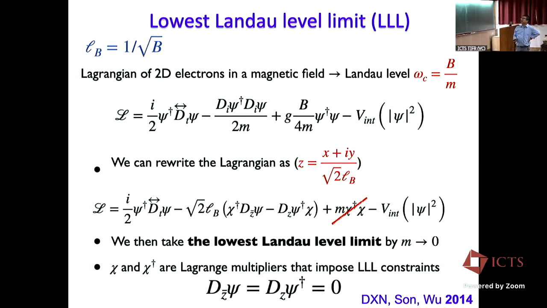But in the lowest Landau level limit, when you take M to zero, after the Hubbard-Stratonovich transformation, you can remove this term. So chi now plays the role of a Lagrange multiplier, implying the lowest Landau level constraint: dz bar psi equals 0 and dz psi dagger equals 0. This comes from taking the lowest Landau level limit by taking M to 0, so we have the lowest Landau level constraint on the electron field.